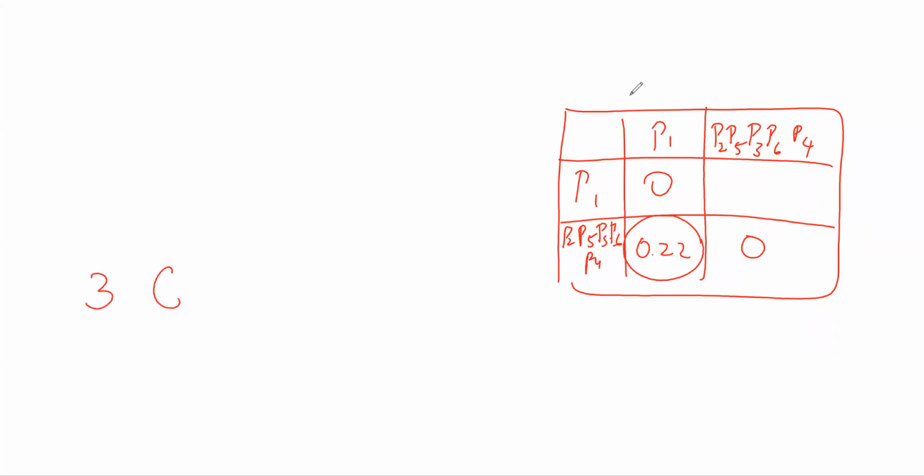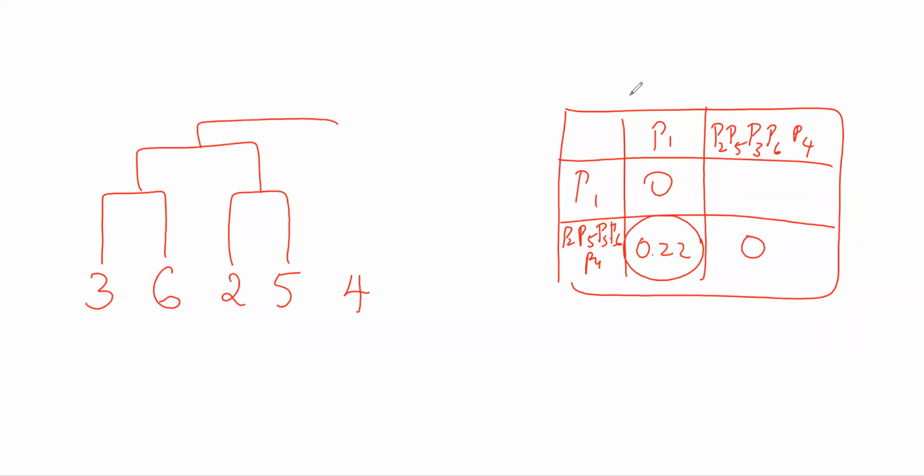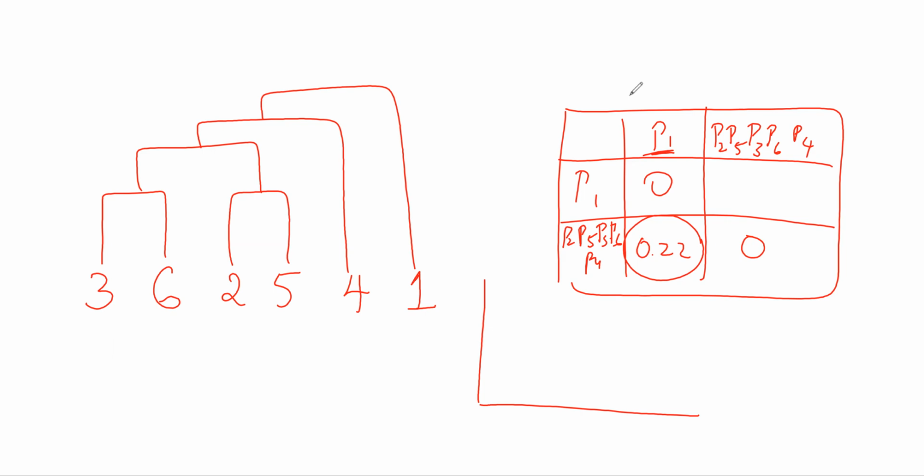So I will be writing my dendrogram like this: 3 and 6 is one cluster, 2 and 5 is one more cluster. These two are grouped together, and this was linked again with 4, and again this is linked with 1, because that's the only one that is left to me, the last data point. If I have to represent this in the form of a graph, I will write it as 5 and 2 forming one cluster, 3 and 6 forming one more cluster.